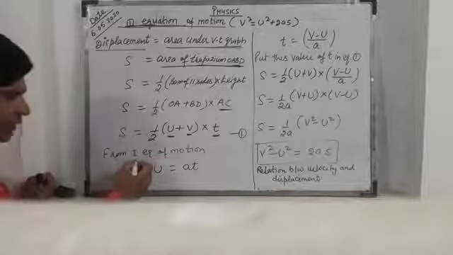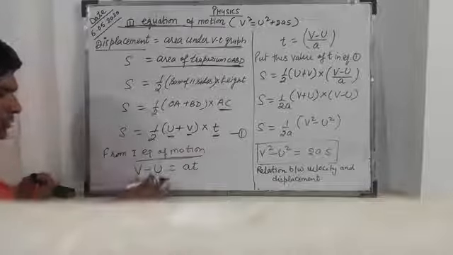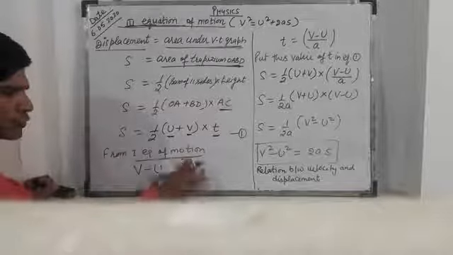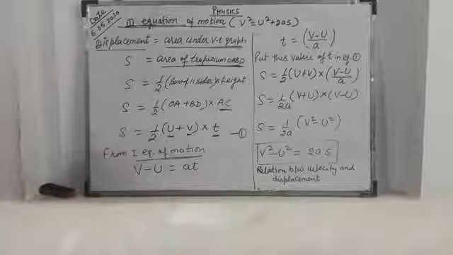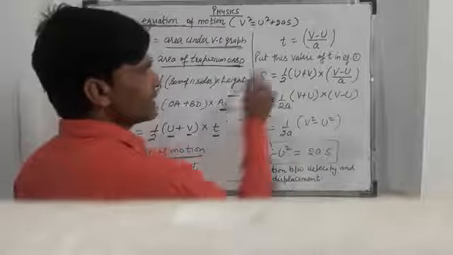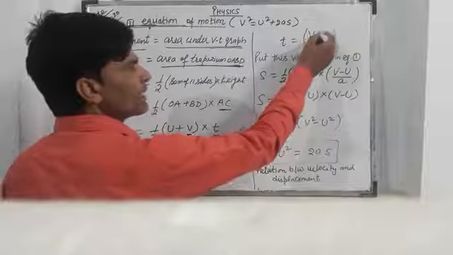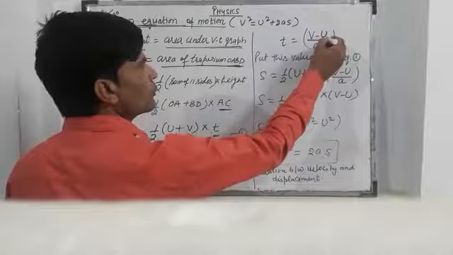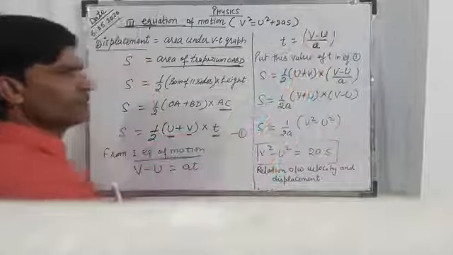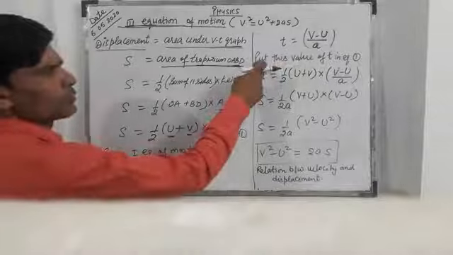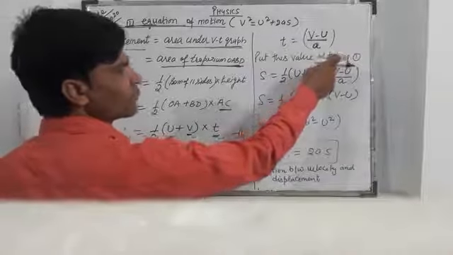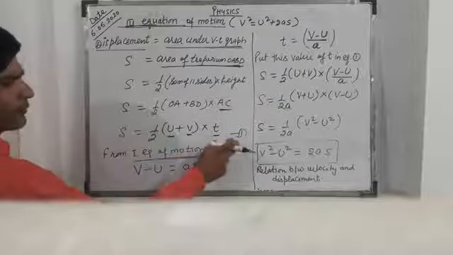Now from the first equation of motion, v minus u is equal to at, and t is equal to v minus u upon a. We can put this value of t in the equation.